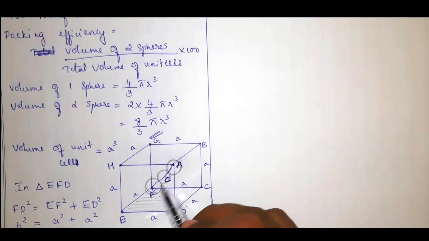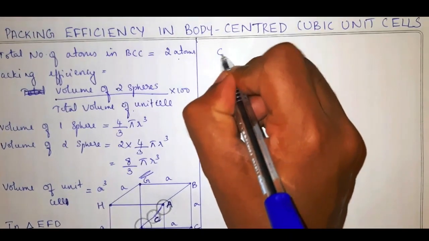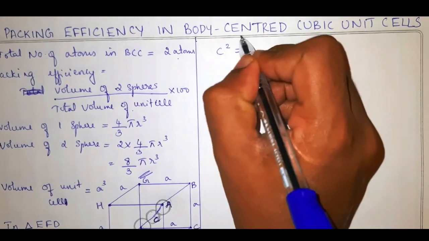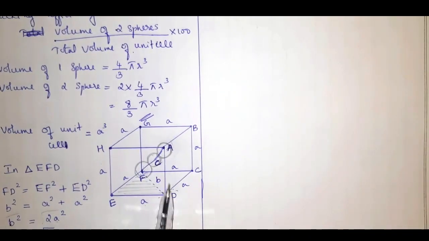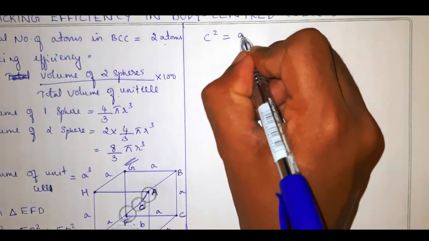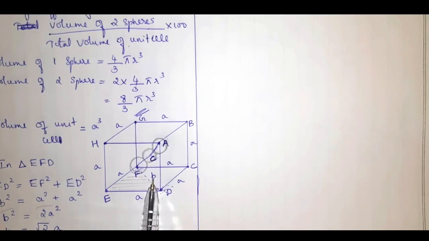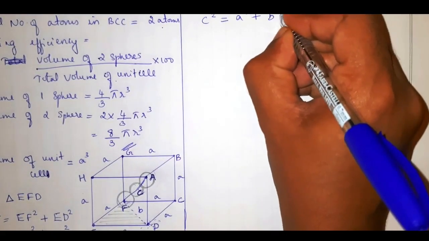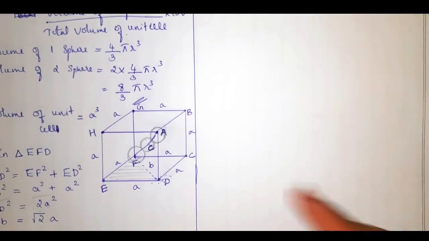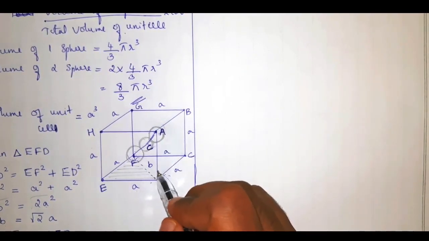You can see here AF is C, so you can write it as C square is equal to AD, which is A, so A square, plus FD is B, so you will get B square. Since these diagonals are different, we have to mark them differently.